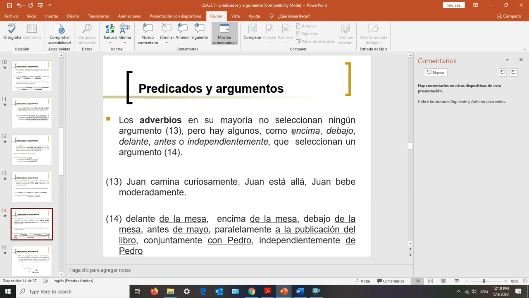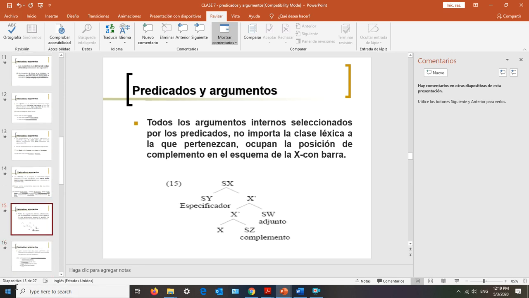But there are some, such as encima, debajo, delante, antes, o independientemente, que seleccionan un argumento. So in general, when you have curiosamente, o Juan está allá, o bebe moderadamente, there's no intrinsic selection of an entity, but in contrast, delante presupposes the existence of delante de algo. Encima presupposes the existence of an entity, encima de algo. Okay.